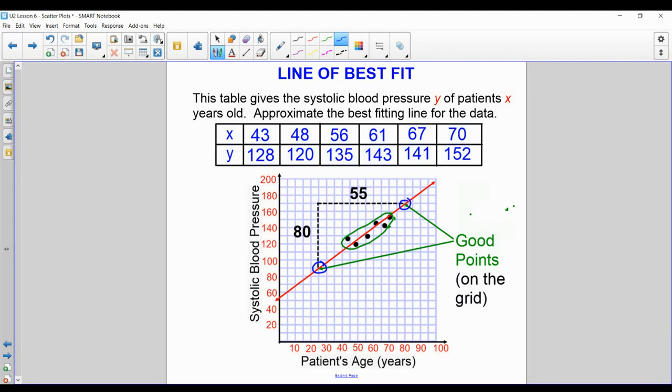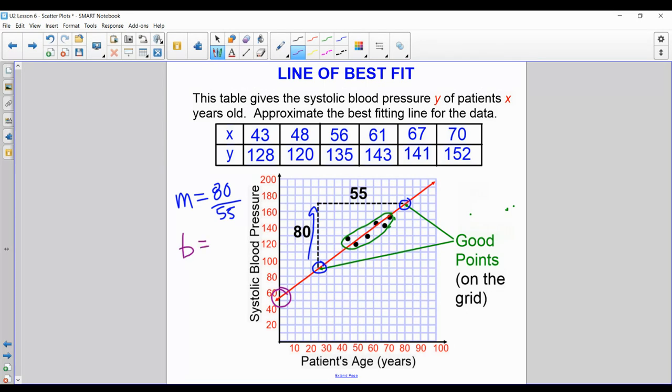Okay, so if you look at the 2 points where I circled them in blue, I'm going to find the slope by saying I'm going up 80 and over 55. So that's my slope. I'm going to then look over here and determine my y-intercept.